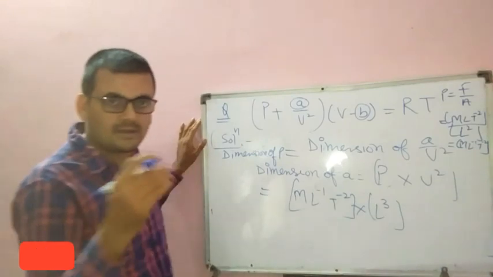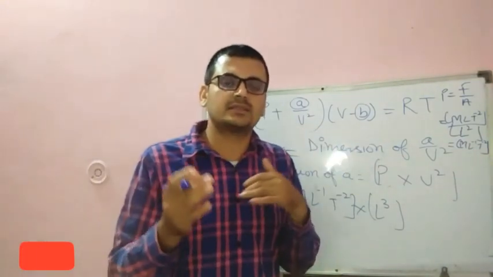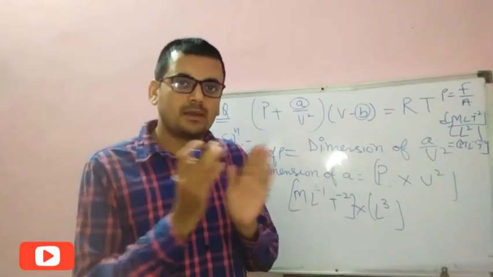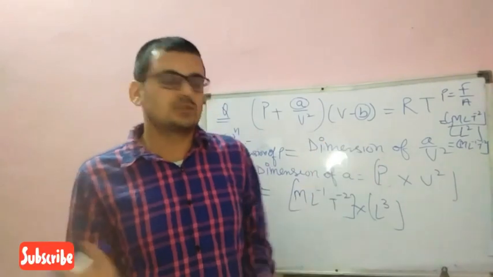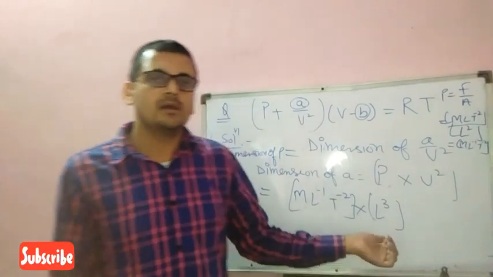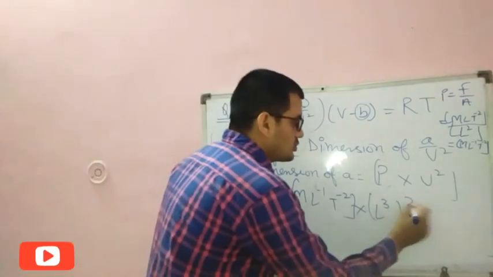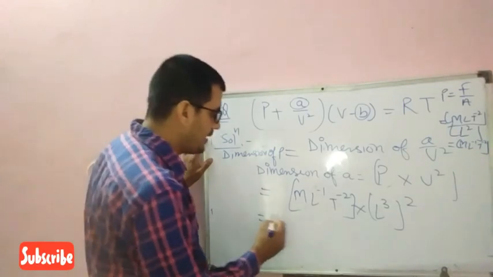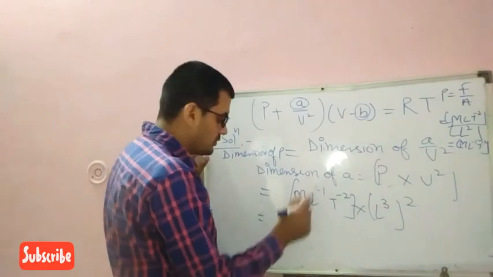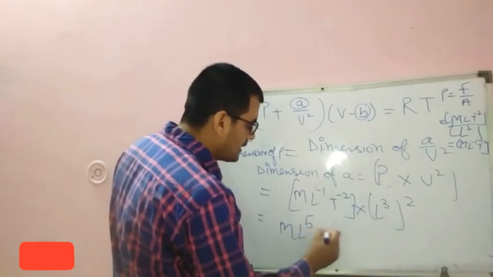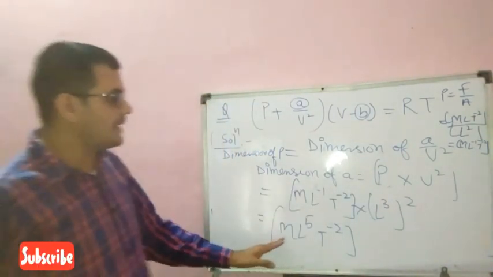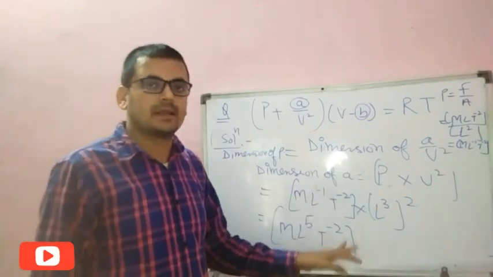I had already told you that distance, displacement, length, breadth, diameter, all these quantities come under length, so their unit will be meter and their dimension will be L. So L cube, squared: 3 into 2 is 6, L^6. Here we have L^-1, so it will be ML^5T^-2. So the dimension of a will be ML^5T^-2.